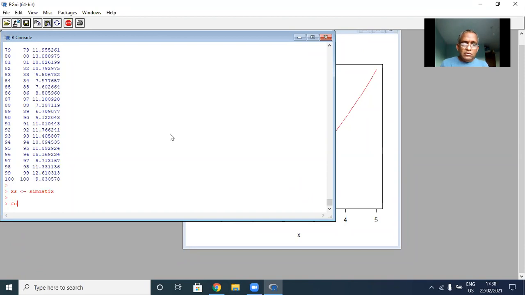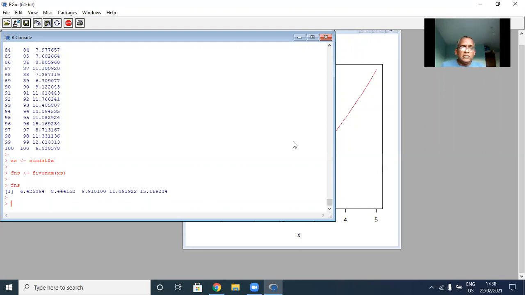Now, if you type fivenum, the five-number summary of xs, let's call this fns. These are the five numbers: the minimum, the first quartile, the median, the third quartile, and the maximum.